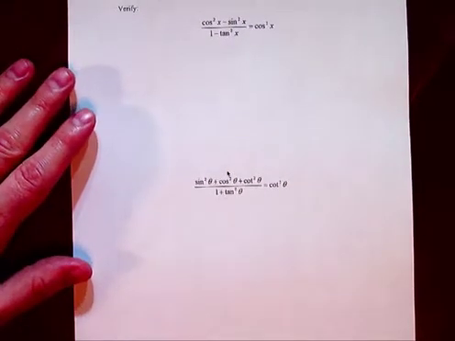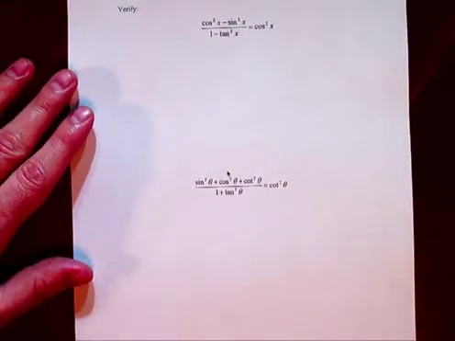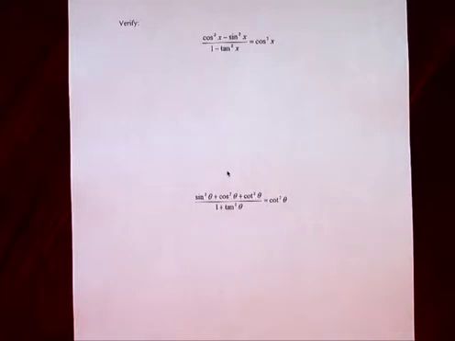Alrighty, let's go ahead and take a look at that one. What I have here is cosine squared minus sine squared over 1 minus tangent squared. Now, 1 minus tangent squared really isn't anything, right? Neither is, well, cosine squared minus sine squared is something.